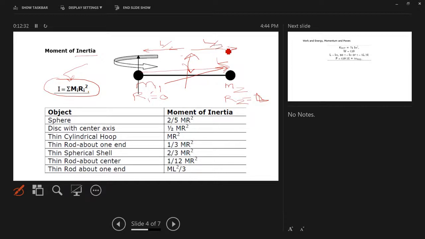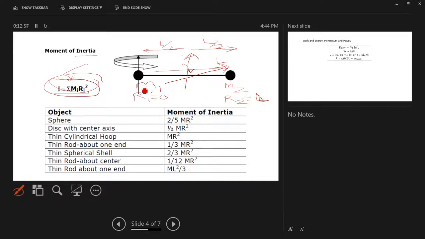And we'd get a different calculation for this summation, M1 R1 squared plus M2 R2 squared. So the moment of inertia is not one single value for a structure. It's an infinite number of values depending upon the location of the axis of rotation.